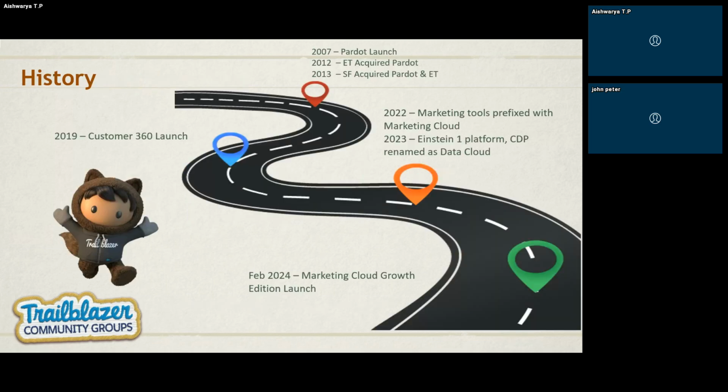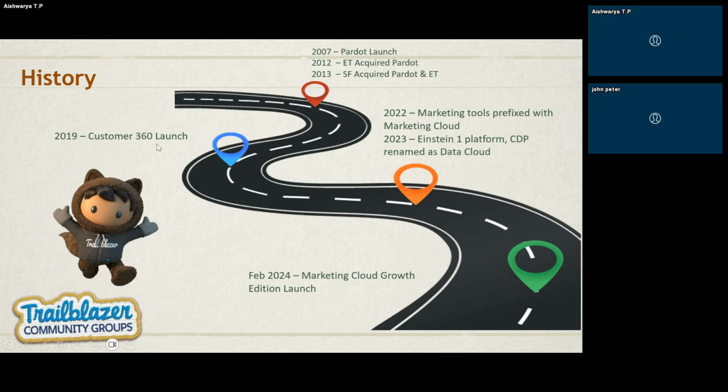Okay, so we'll understand history first before getting into the actual topic. So first we'll see when these products launched. That is what we discussed right now, Marketing Cloud Account Engagement and Marketing Cloud Growth edition. Here the previous name for Marketing Cloud Account Engagement was Pardot.